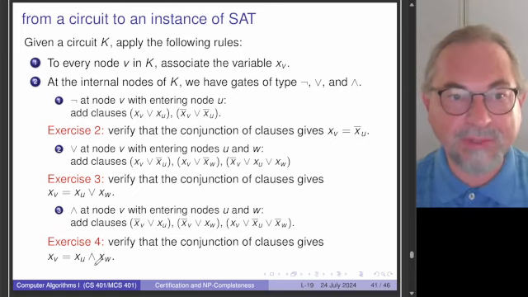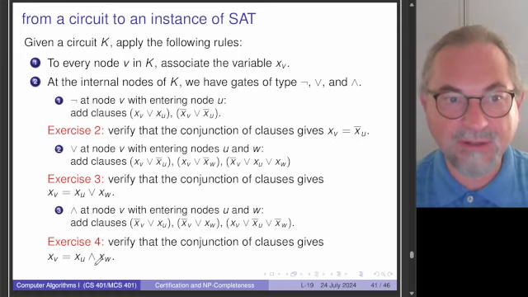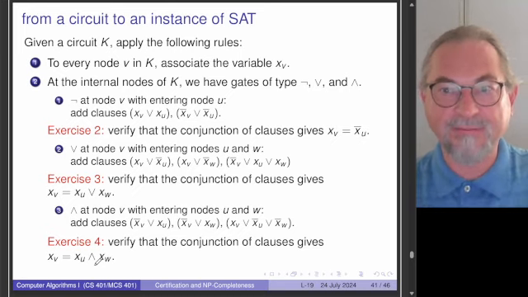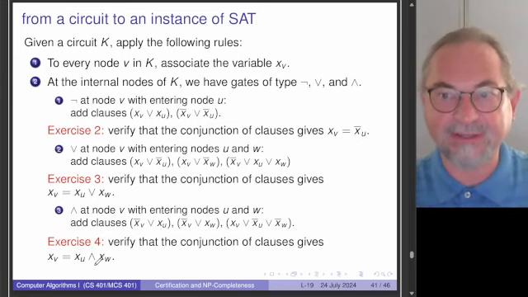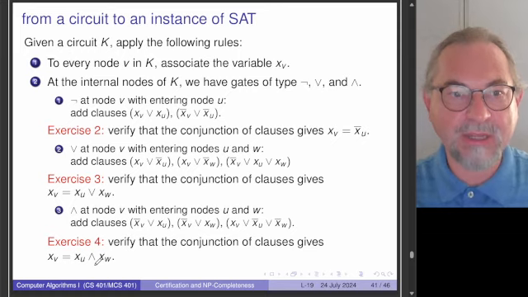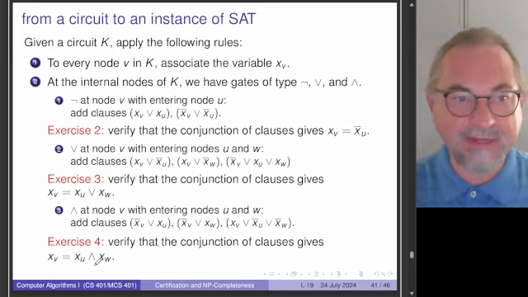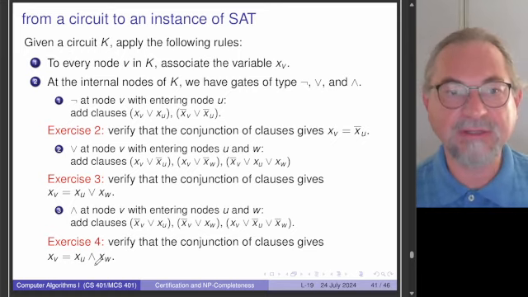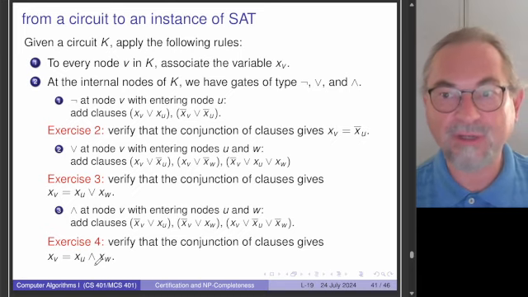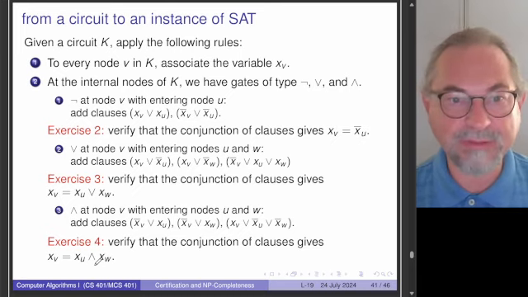We can also replace the OR operator at a node. So there are two nodes entering. We add the clauses, and the clauses are combined with the AND in the SAT formulation. Again, the exercise saying that this actually implements the OR operation can be done by truth tables.